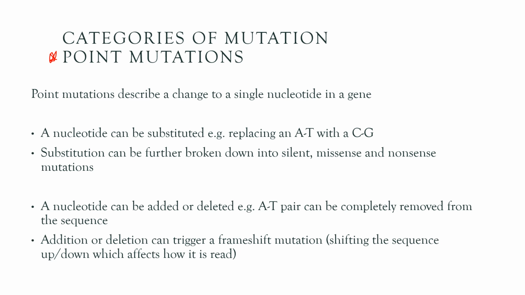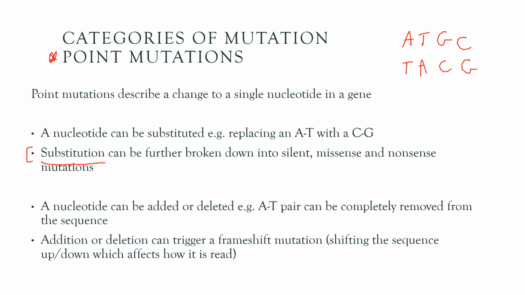We're going to split these down further into four different types: silent, missense, nonsense, and frame shift mutations. But basically point mutations are mostly substitution mutations. So this means that we might have a DNA sequence that looks like this.